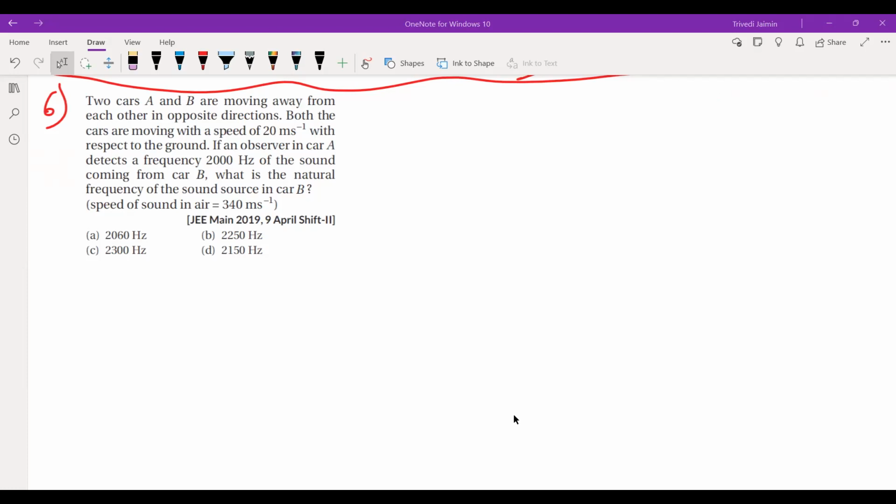If the observer in car A detects a frequency of 2000 Hz of sound coming from car B, what is the natural frequency of the sound source in car B? Okay, so both are moving in opposite directions. This is a Doppler's effect question.